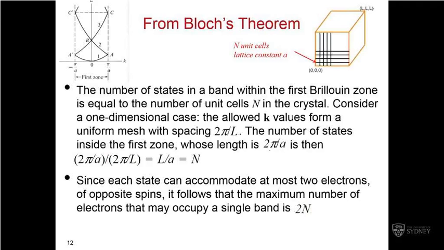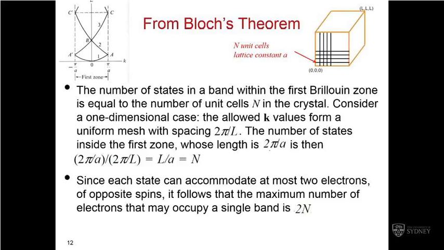So the maximum number of electrons that a single band, if we just consider the first band here, can hold is equal to 2N, because you've got N states and you can put 2 electrons in each state. That's important to remember. We'll do some examples of this electron counting a little bit later on.